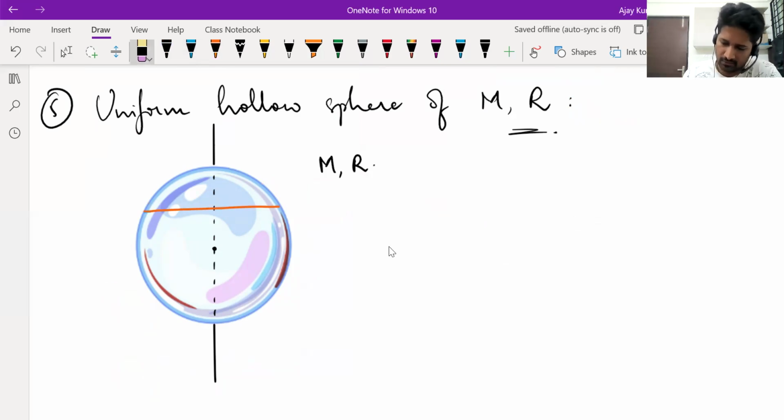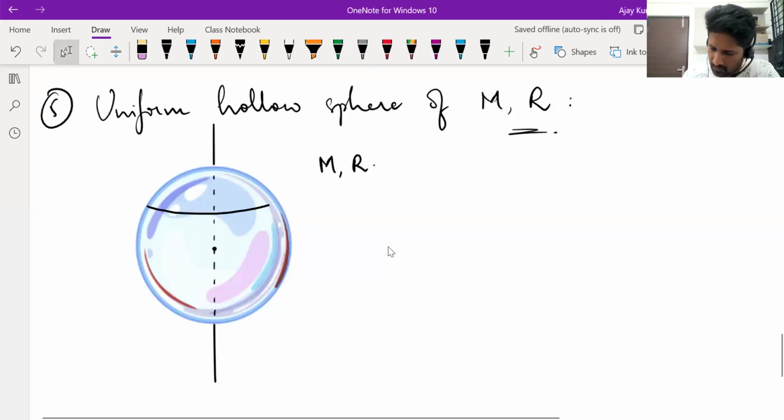Or if you visualize properly, the element kind of looks like this.